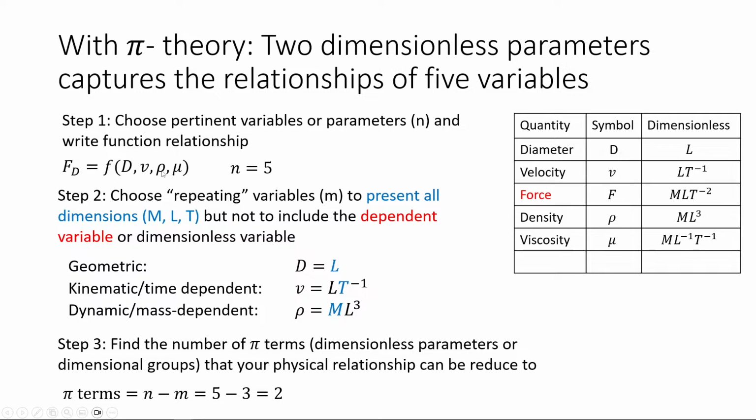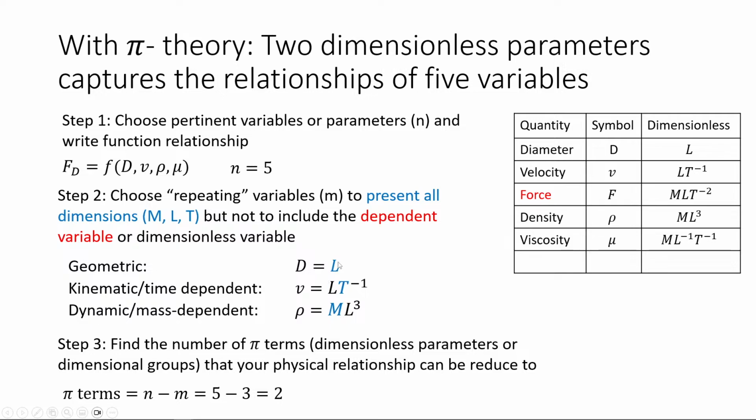Here we know that these are the pertinent variables, the important variables. You choose the repeating variables to represent all dimensions, but not to include dependent variables. So the repeating variables should not include this. You should also choose them to include length, time, and mass.